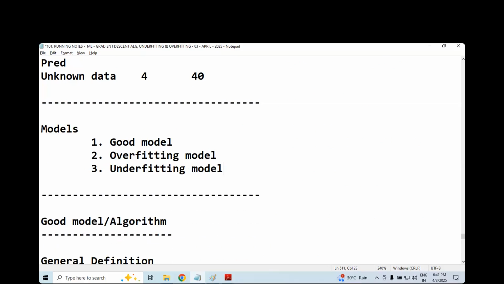What is the first one? A good model means training good score, testing good score; technically, low bias, low variance. Simple. Overfitting: during training, showcasing a high score; during testing, less score; technically, low bias, high variance.